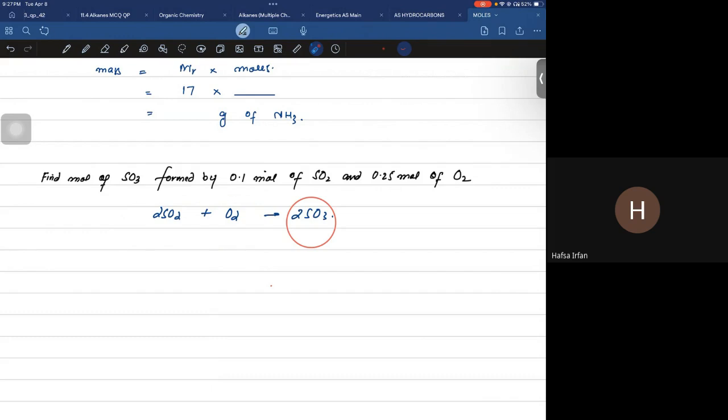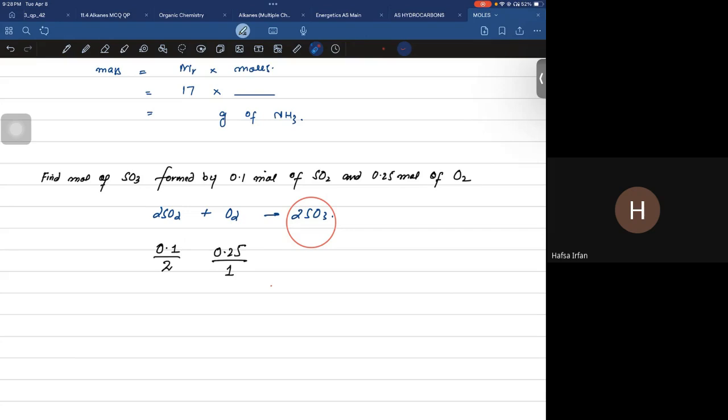So what is the coefficient of SO2? Of course, this is 2. So 0.1 upon 2, and what is the coefficient for oxygen? That is 1. So 0.25 upon 1.